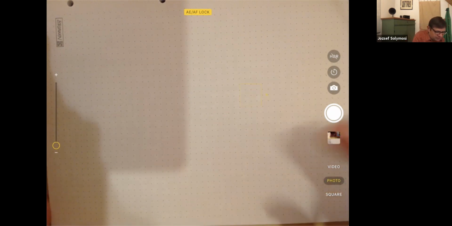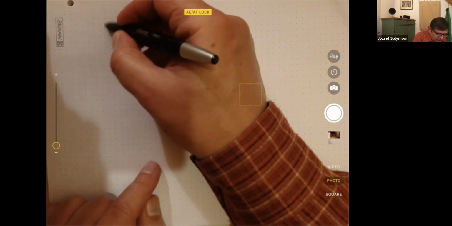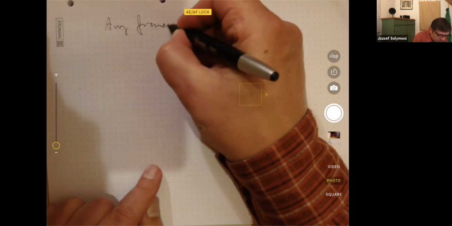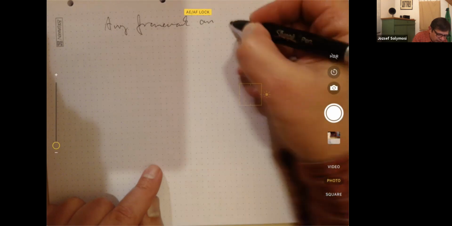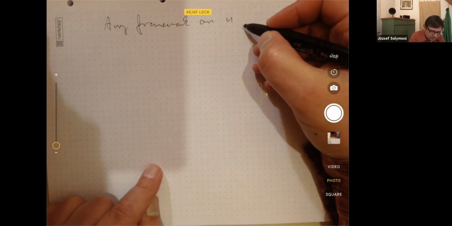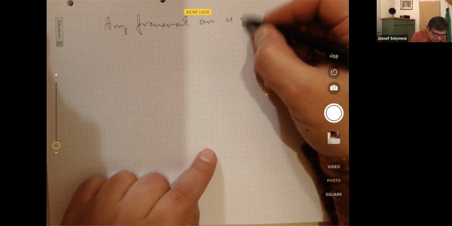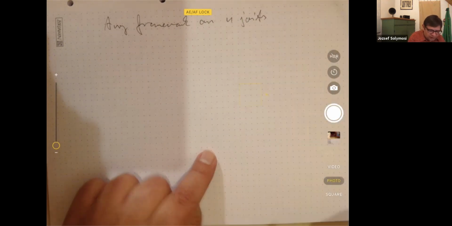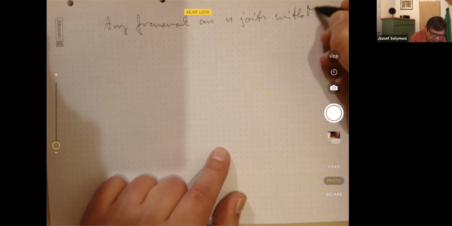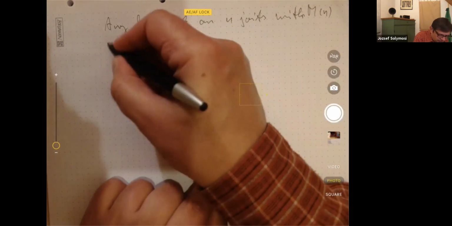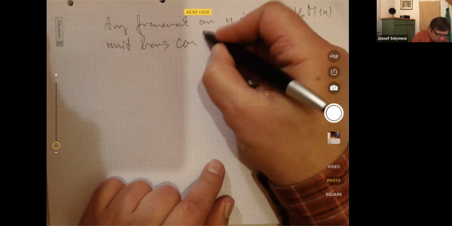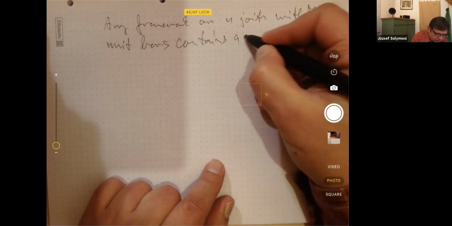No, no. I mean that any framework on n vertices, the number of joints, one can use with m(n) unit bars contains a rigid part.